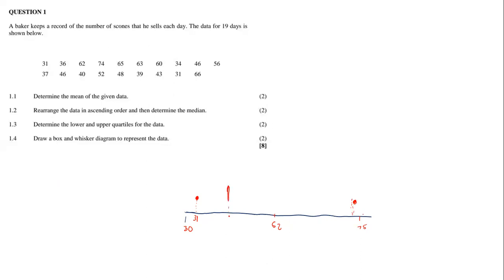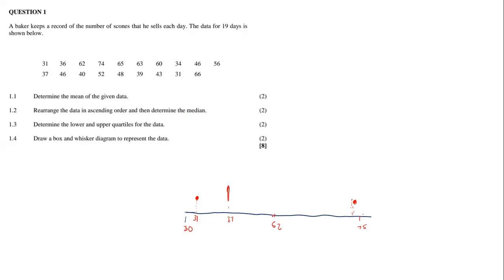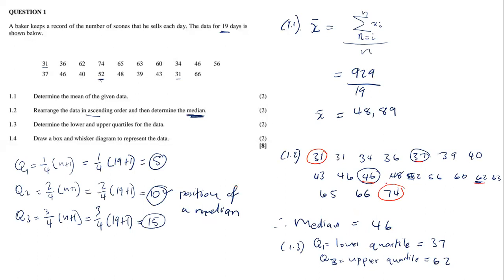Therefore, this will be my 37. Now, the middle one is how much? It's 46. My 46 most definitely is supposed to be somewhere over here before 52. So here I will say I have 46.